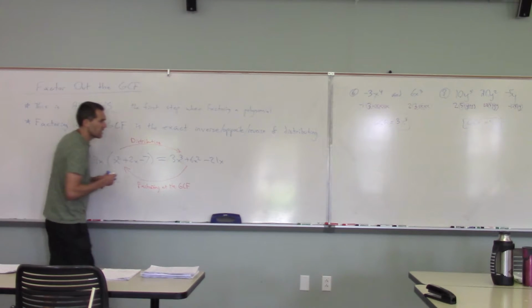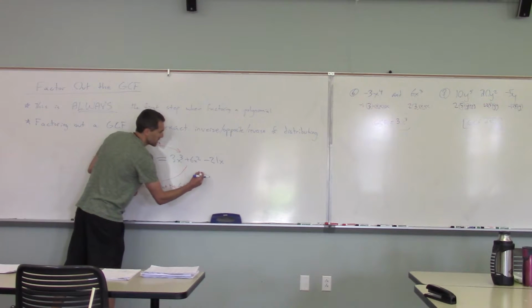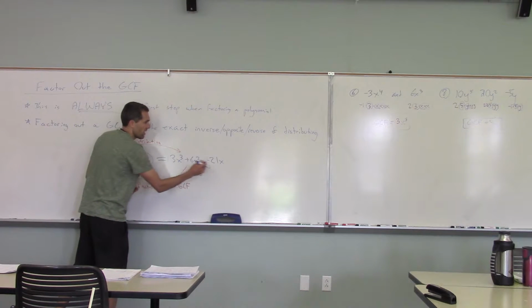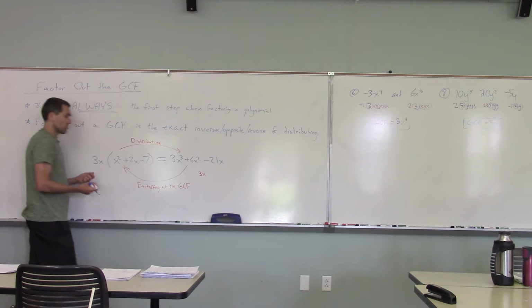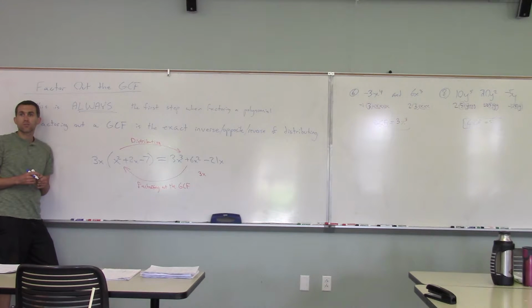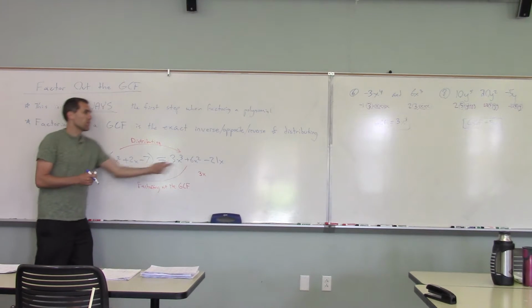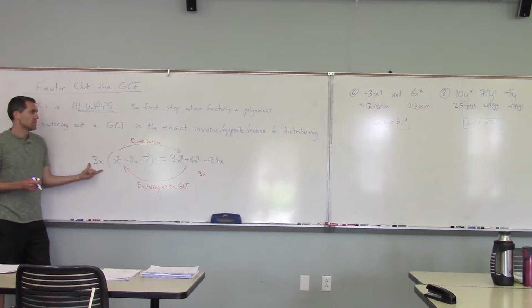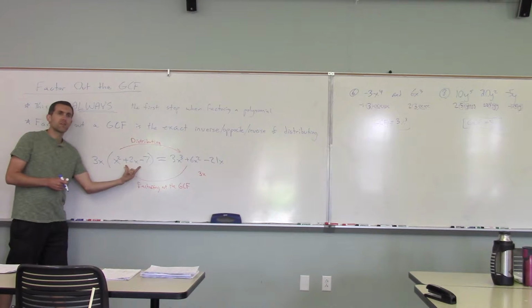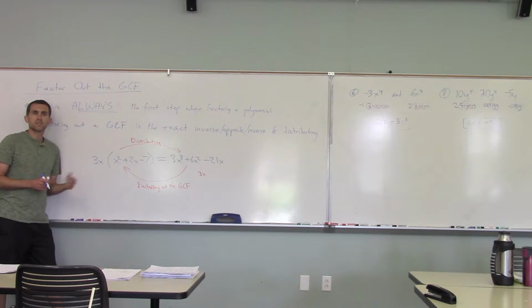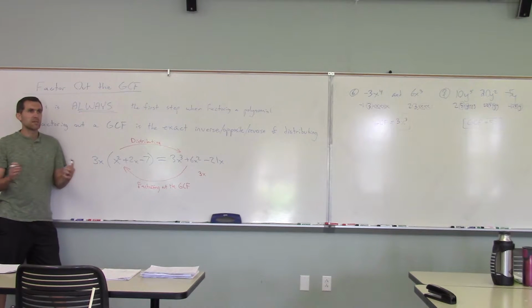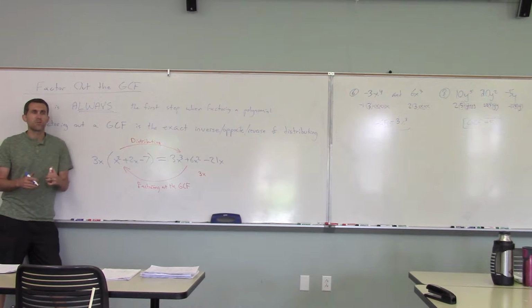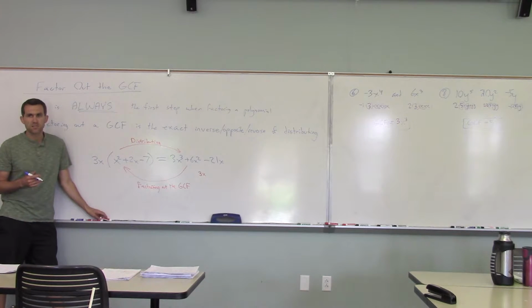You would say, okay, well they all have a 3, they all have an x, so the biggest thing I can take out is a 3x, and then you will factor out that 3x, and you'll be left over with this times that 3x. So that's a good spot to take a break. Nice big picture. When we get back, I'll break down the steps and the details.